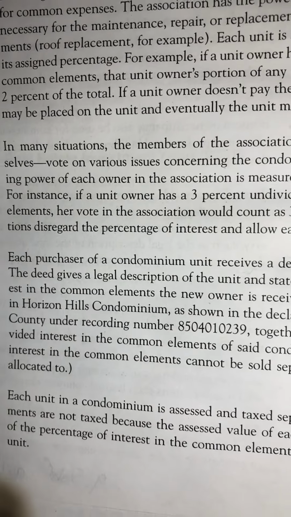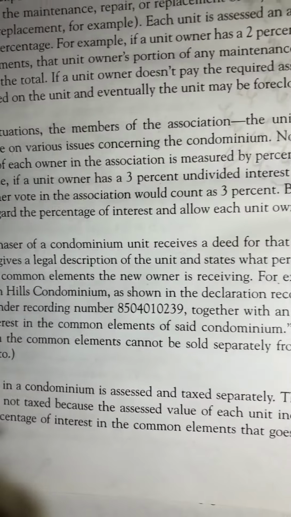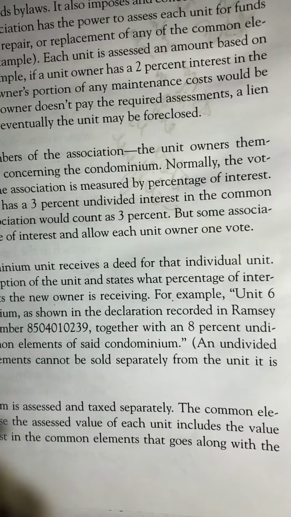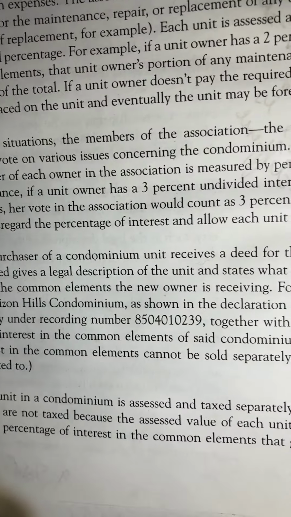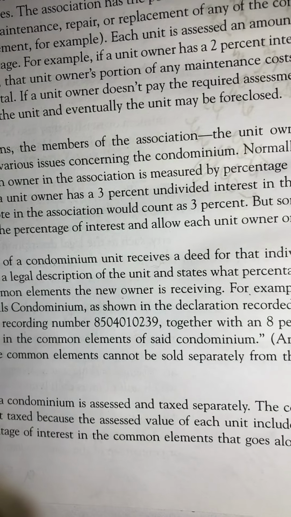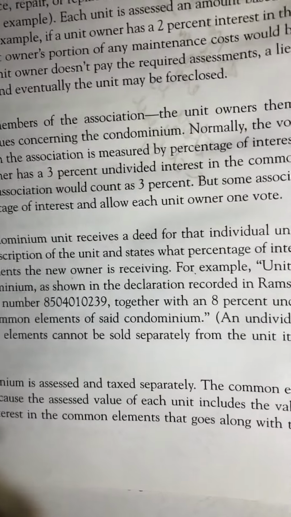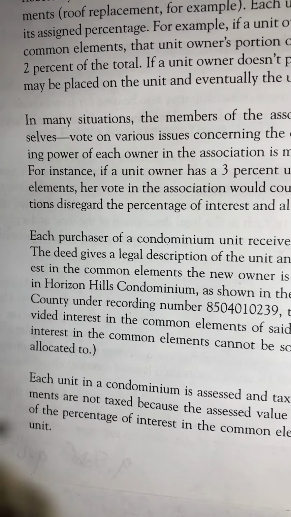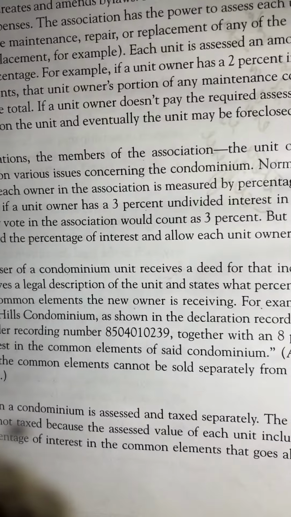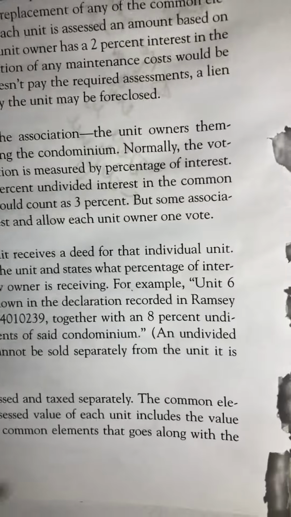For example, Unit 6 in Horizon Hills condominium, as shown in the declaration recorded in Ramsey County under recording number 85040100239, together with an 8% undivided interest in the common elements of said condominium.